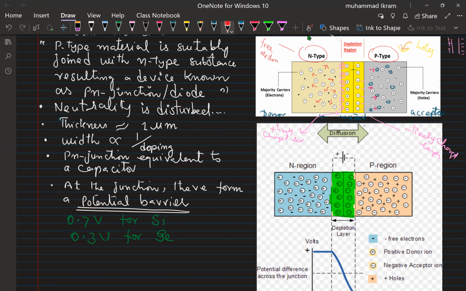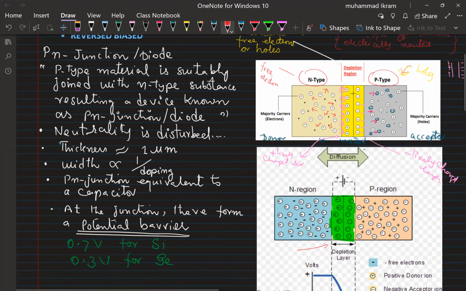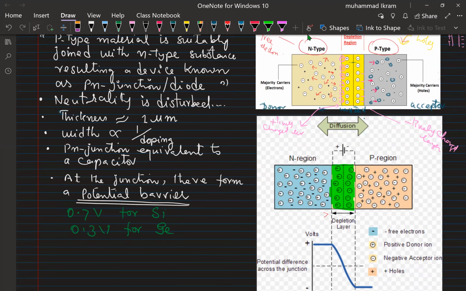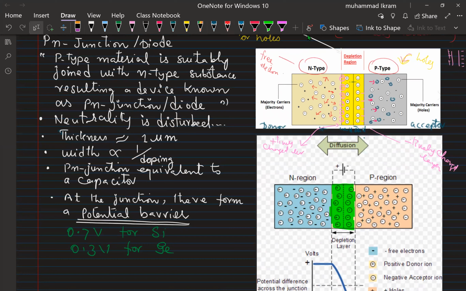Why is it called this? Because it does not contain any free electrons or holes. Why? Because of this potential barrier, which can be increased or decreased.